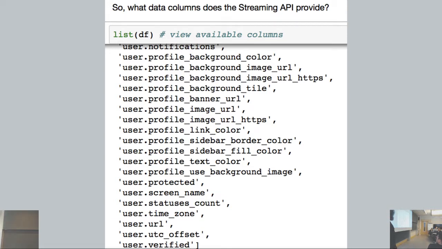When you get data from the Twitter API, you will probably see this in the raw data as well. In the Twitter data you have all of these different things. You can get information on what time zone the user who posted the tweet was in. You can get the URL of the user, the web address to their Twitter profile.